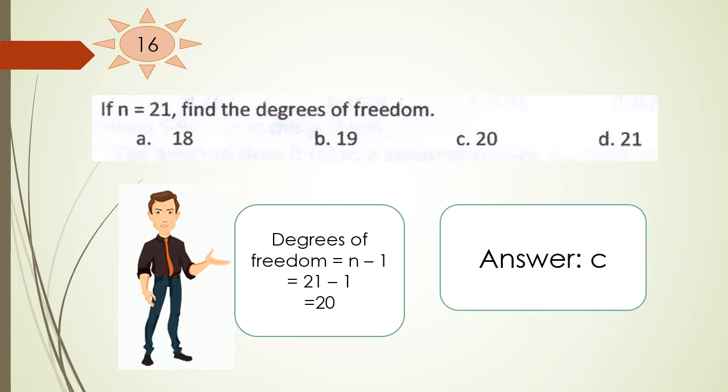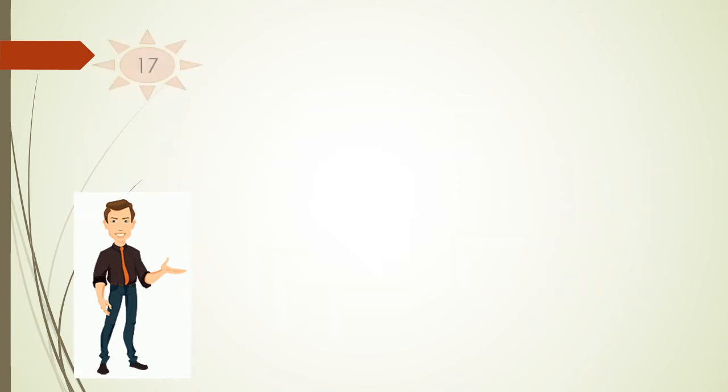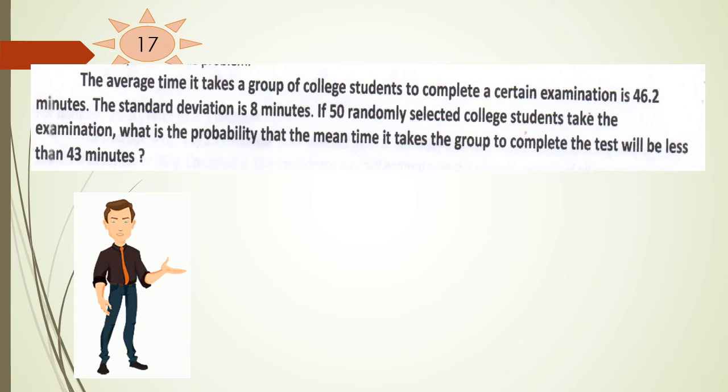Number 17. The average time it takes a group of college students to complete a certain examination is 46.2 minutes. The standard deviation is 8 minutes. If 50 randomly selected college students take the examination, what is the probability that the mean time it takes the group to complete the test will be less than 43 minutes?